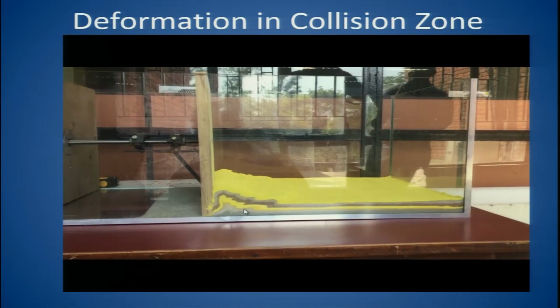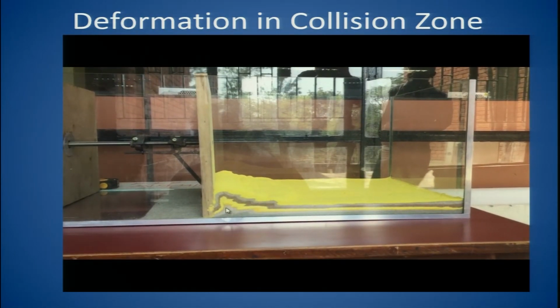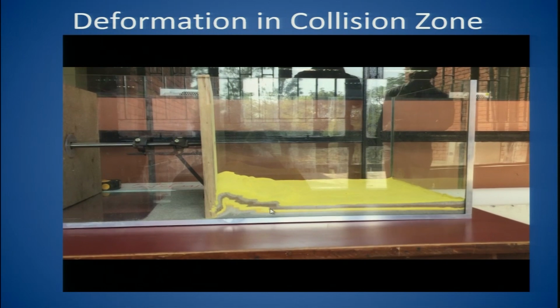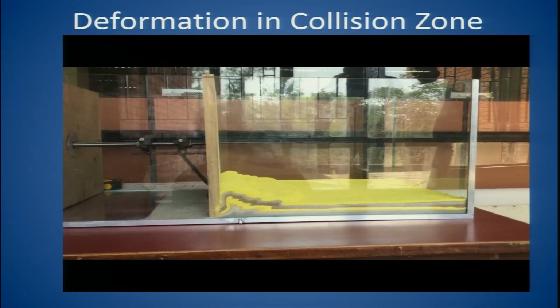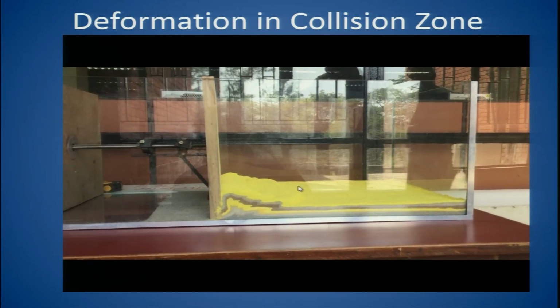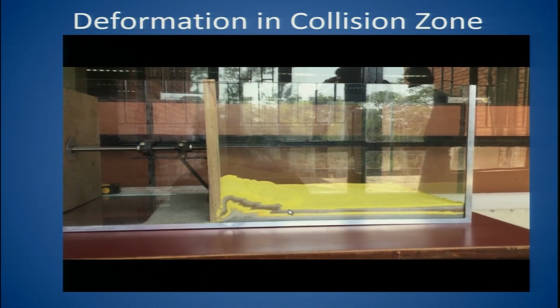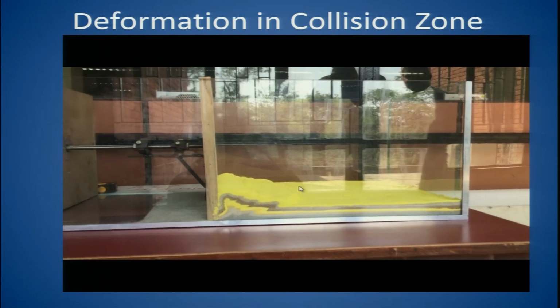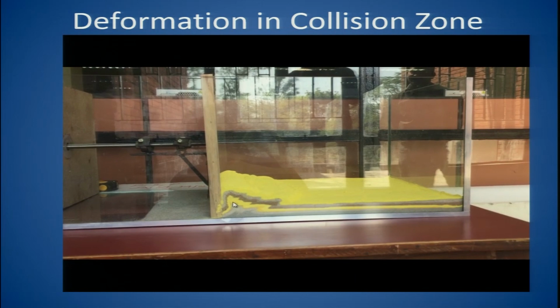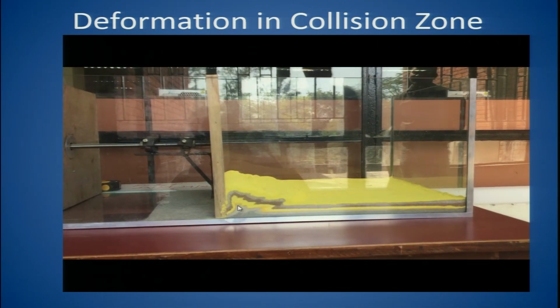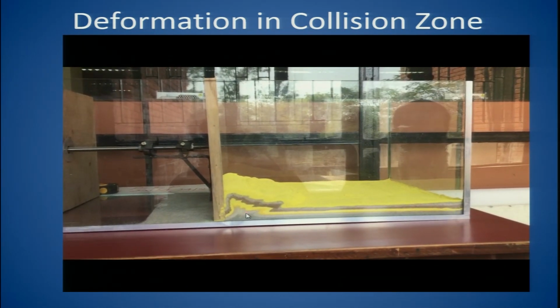These older faults will accumulate more slip compared to what we see in the frontal part here, and you can see the topography has developed here. I suggest you look at this video carefully, which will explain how the topography develops and what exactly we see in section.